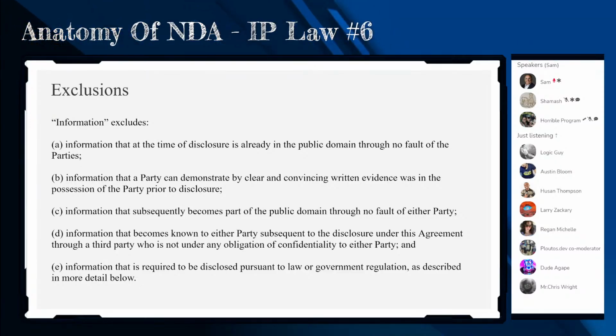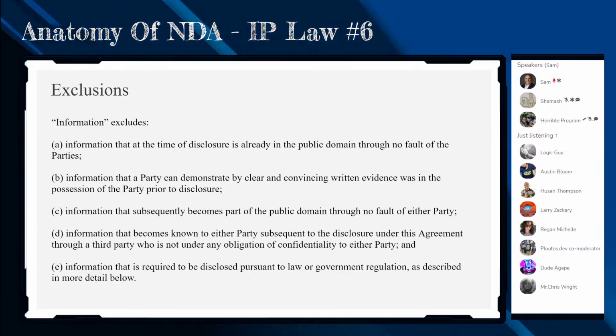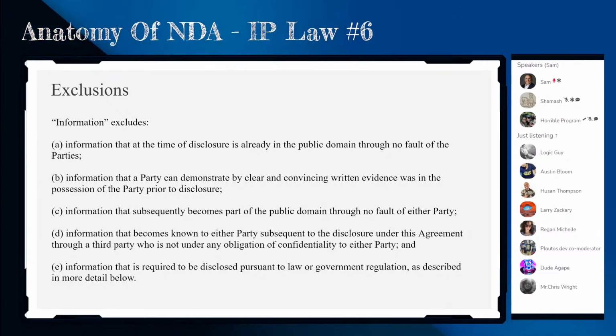The information that subsequently becomes part of the public domain through no fault of either party. So if somebody else reverse engineers this and discloses it, or Julian Assange hacks into your computer and then discloses it, well, it wasn't our fault, but it does become part of the public domain. Well, it's not confidential anymore.